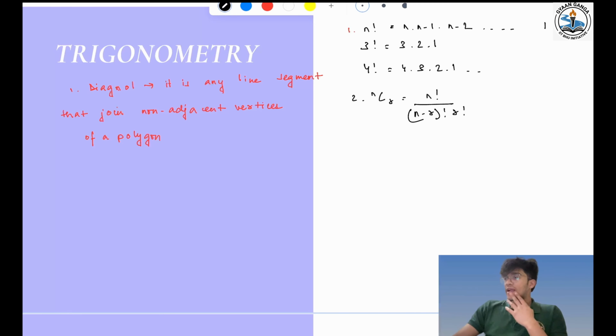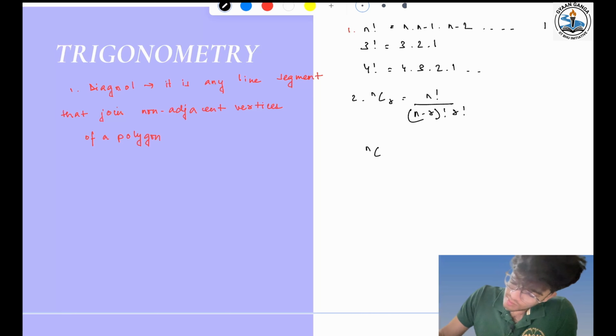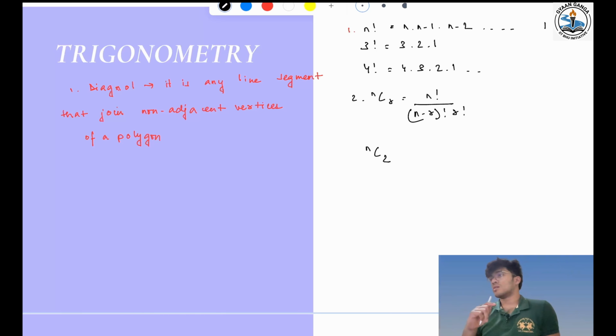The number of line segments that can be drawn between n non-collinear but coplanar points, as in our case, is given as nC2.